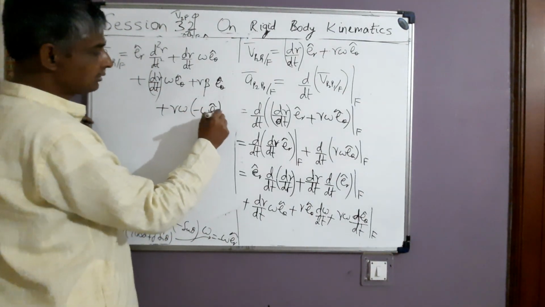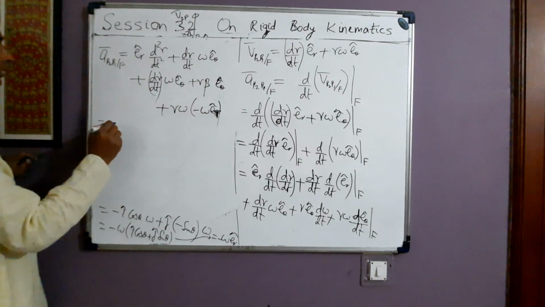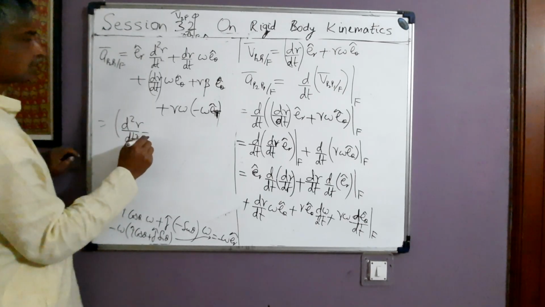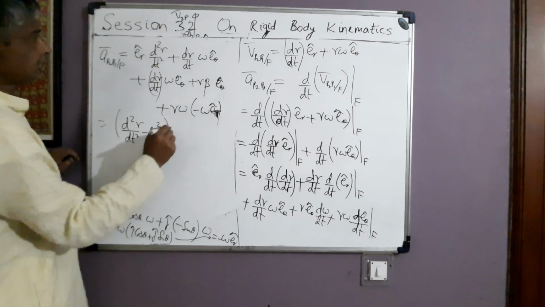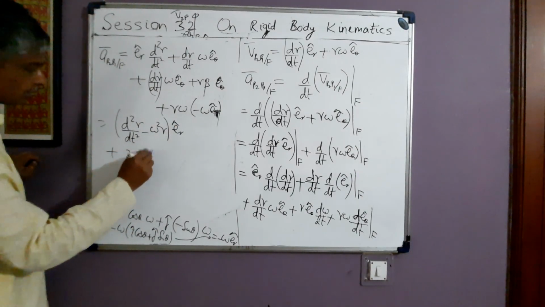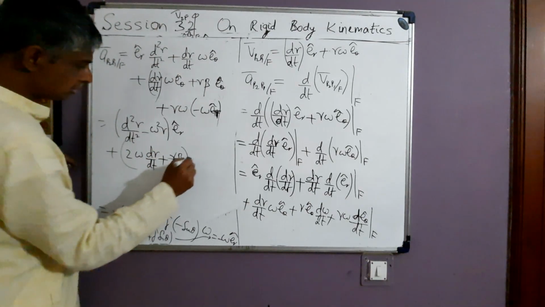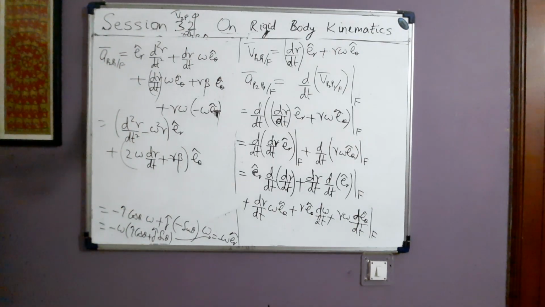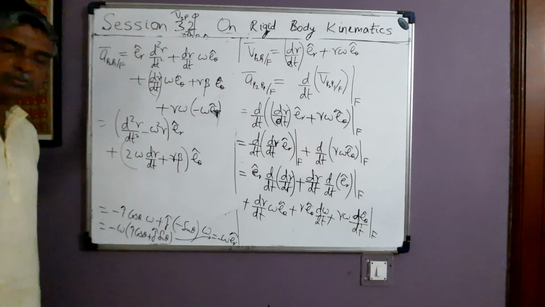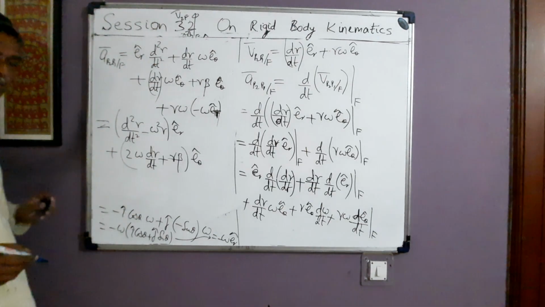Here e_r is common. So this becomes d2r/dt2 minus omega squared r into e_r hat, plus 2 omega dr/dt plus r beta into e_theta hat. So this is the cylindrical coordinate representation of relative acceleration between two moving points P1 and P2 in frame F. Is it clear?